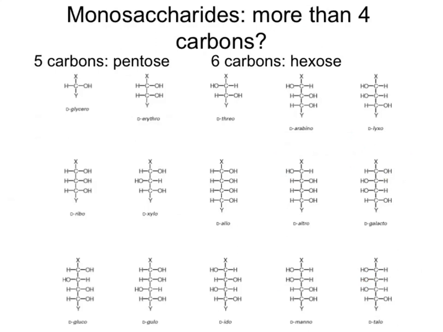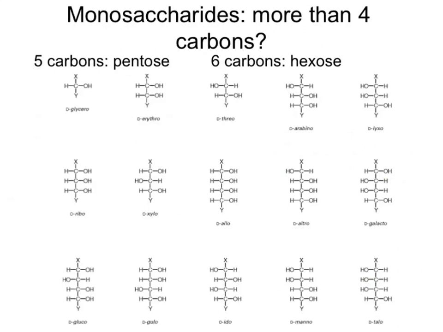So this is trying to show all of the possible orientations. If we only have one carbon, our root name is glycero. If we have two carbons, we've got erythro and threo, depending on the orientation of that stereocenter. With glyceraldehyde, remember we had two possibilities, but one was the enantiomer, which means we'll still use the root glycero.